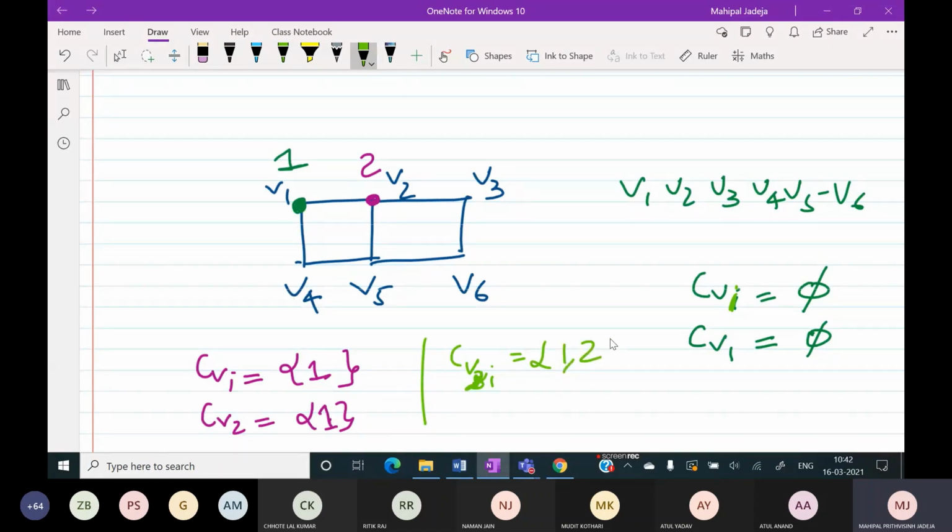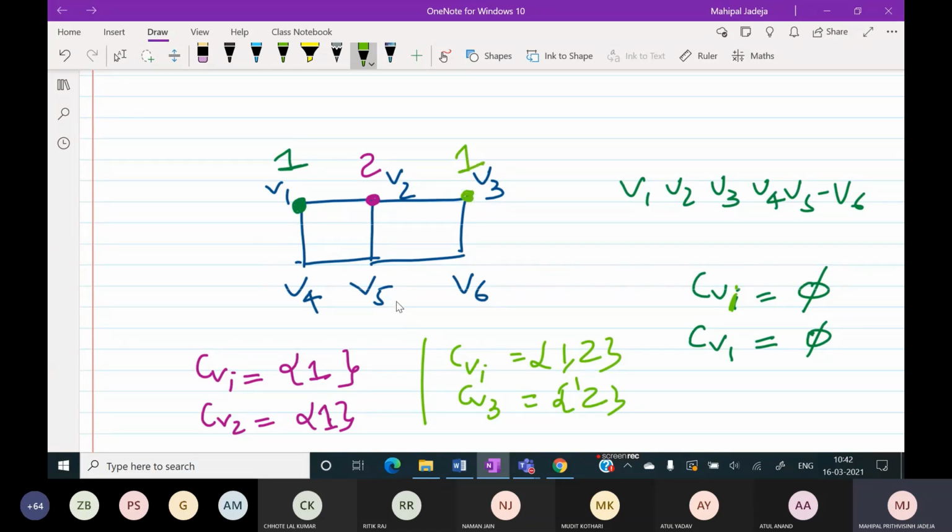Next, I need to also talk about the neighbors of V3, CV3. Can anyone tell me the color set of neighbors of V3? It is 2. So which color should I assign here? 1. Right, because if I subtract 2 from the set 1, 2, I get 1. So I can assign color 1 here.